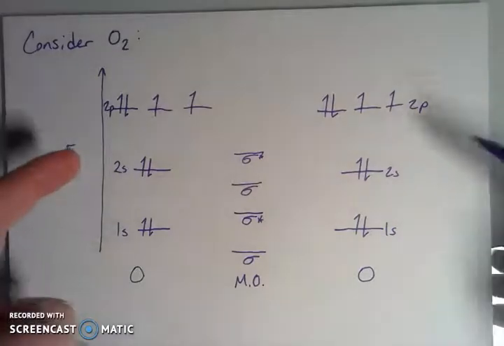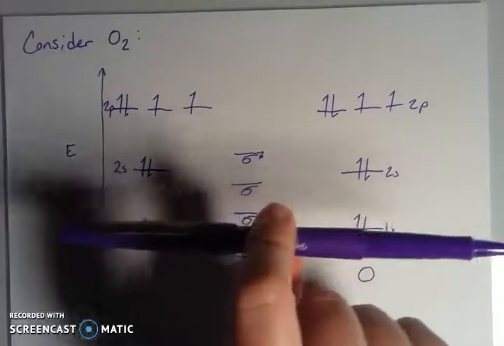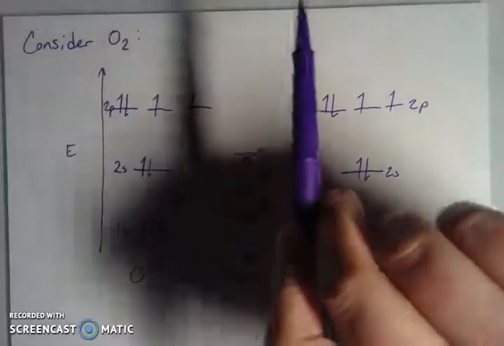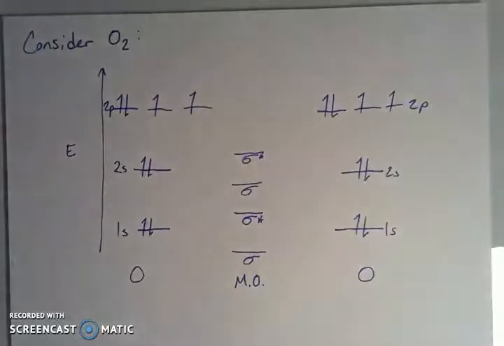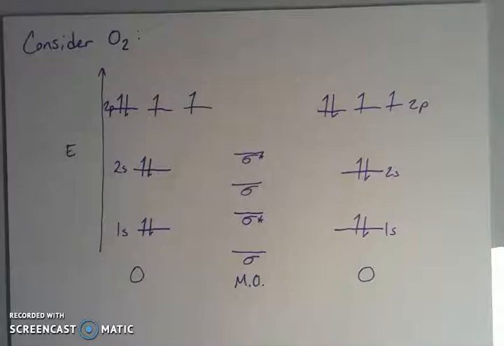And then my 2p's are also going to overlap. But the orientations of my p orbitals can be along the x, along the y, and along the z. Those 3 different orientations, which we represent with 3 different lines here, are all going to interact in different ways.